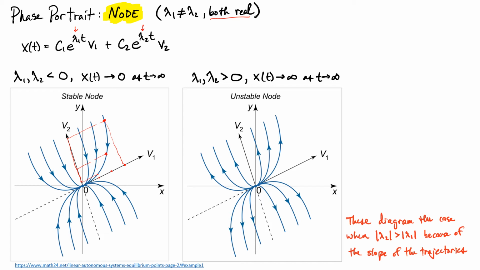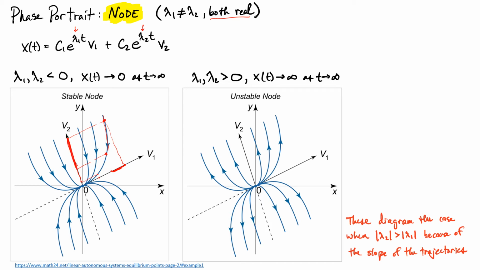In this particular case, you can see that V2 is going a little bit faster than V1. The mode of V2 is going a little bit faster than mode 1, and that's because of this slope. You can see that between these 2 points, the mode 1 amount changed this much, and the mode 2 changed this much.